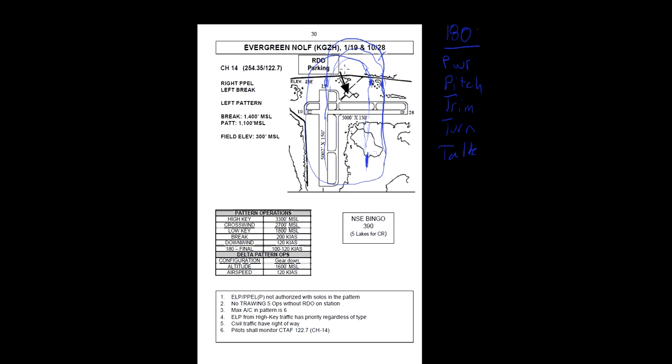Then the other technique I teach is when we are in the groove coming in up to the flare, and it's power, level, idle, flare. Okay, so what you're going to want to do here as you're crossing the threshold, continue driving that nose down and start reducing the power towards idle.